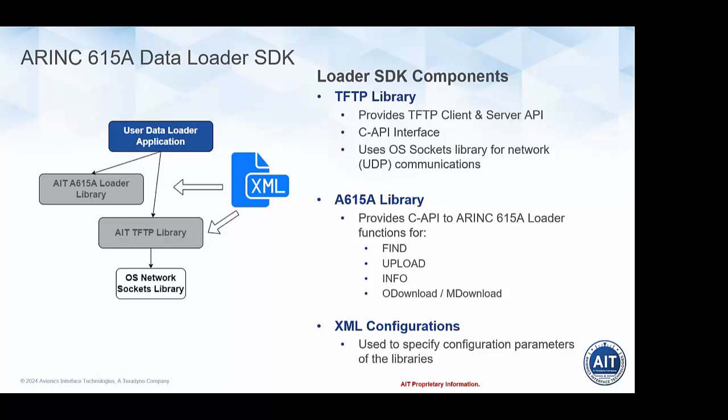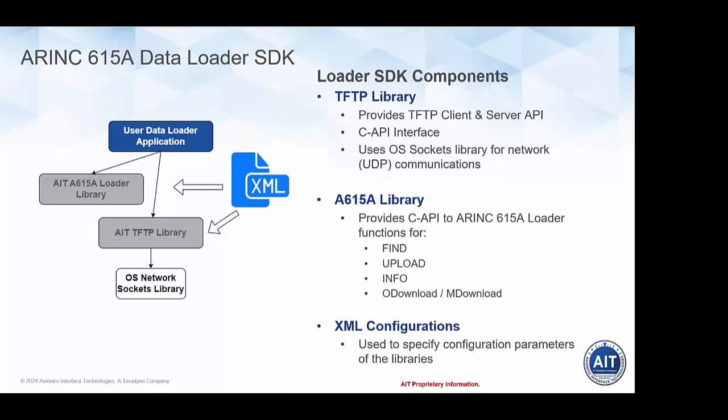So we have the TFTP library, and there's a TFTP API to that. Then we have the ARINC615A loader library, which actually uses the TFTP library, and we have a C API to that. So the TFTP library provides basic, easy C functions for doing things like file puts and file gets. We'll look at some code and pseudocode of an application to that in a couple slides here.